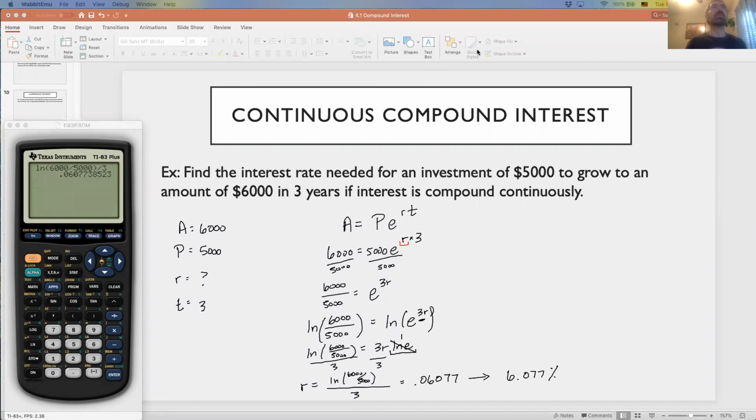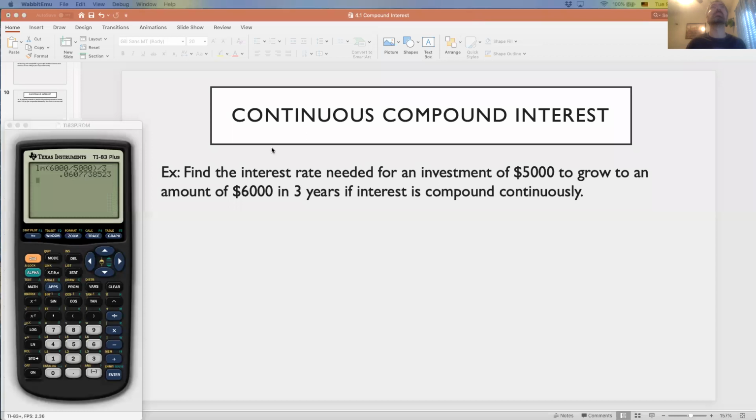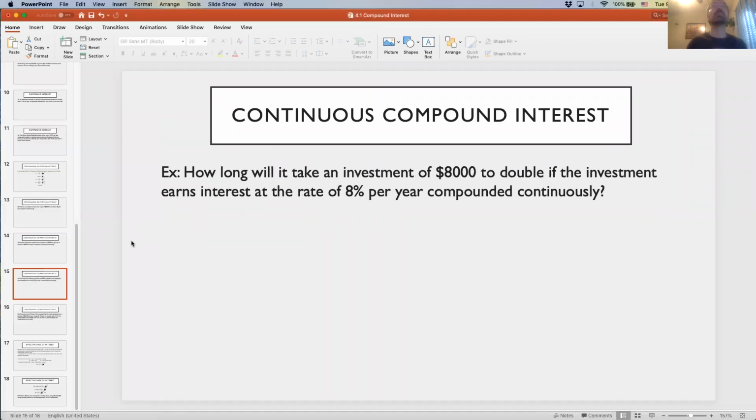All right, so we have one more example that I'll show you with this continuous compound interest. How long will it take an investment of $8,000 to double if the investment earns interest at the rate of 8% per year compounded continuously?